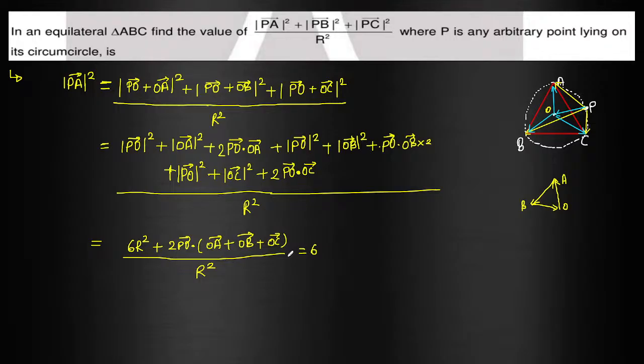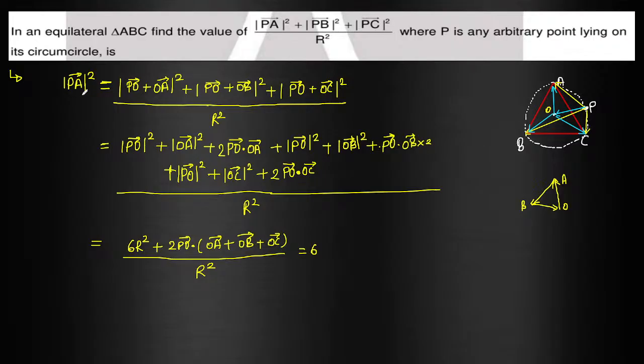Okay. Now this is also a good question of an equilateral triangle. So P is some point on the circumcircle. So PA vector whole square, PB vector whole square, PC vector whole square by R square.